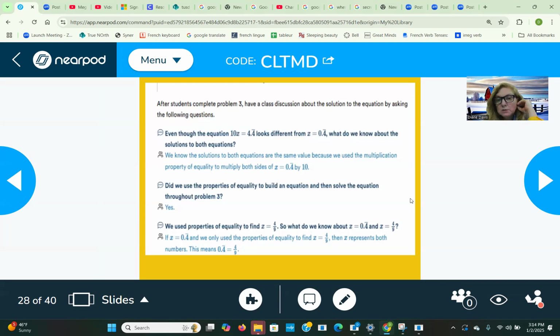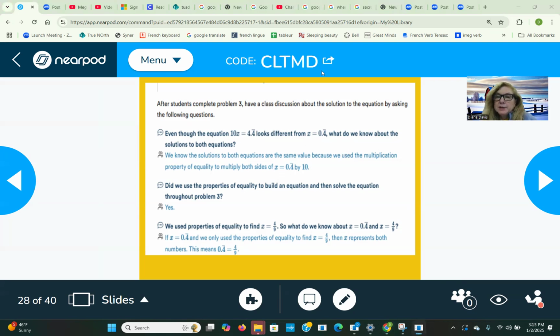We know the solutions to both equations are the same value because we used the multiplication property of equality to multiply both sides of x equals 0.4 by 10.